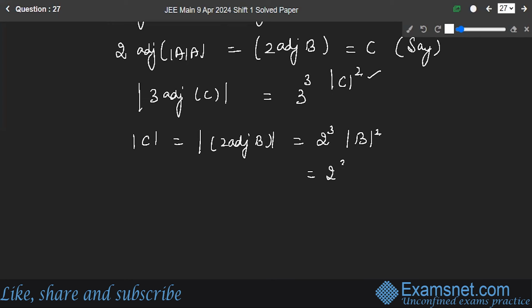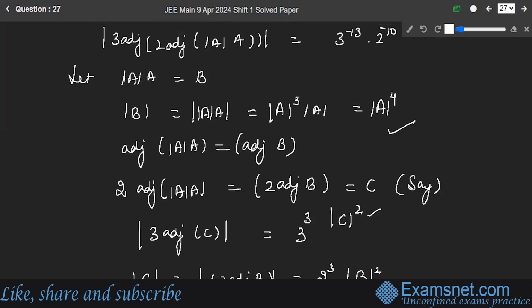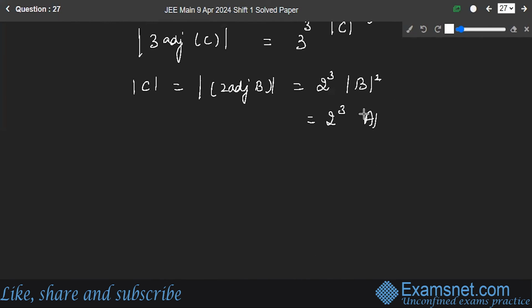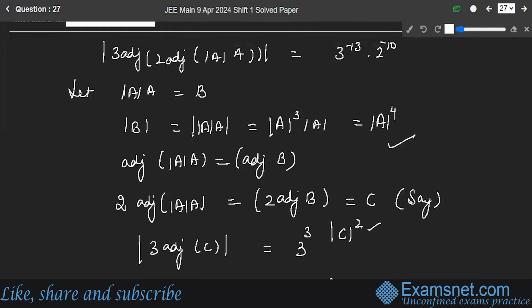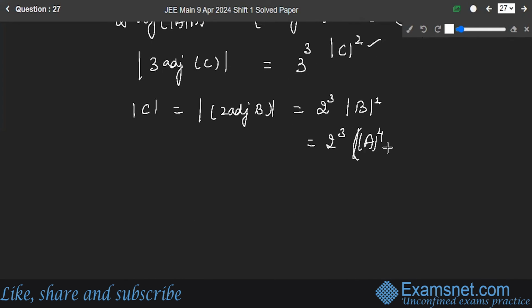So this is equal to 2 raised to power 3, and B's determinant was determinant of A raised to power 4, raised to power 2. So this makes it determinant of A power 8.